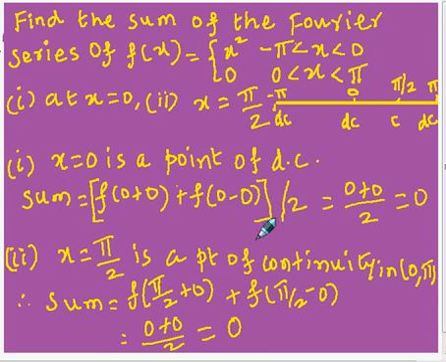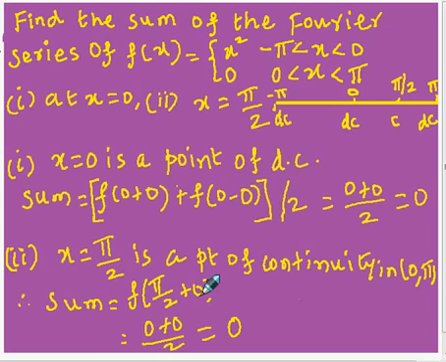So here, it is enough if we substitute the point pi by 2 in the place of x. So you need not use the formula for the point of discontinuity.